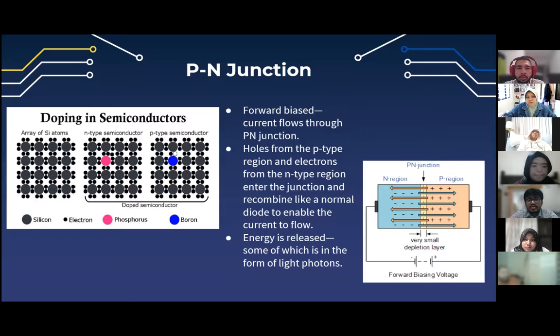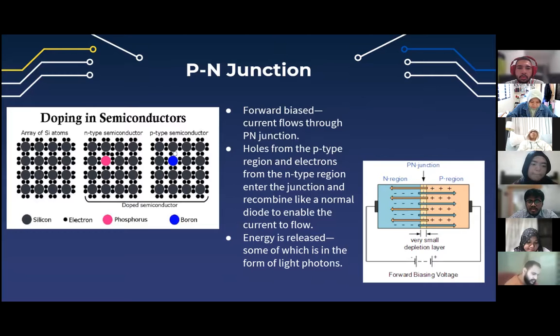Holes from the p-type region and electrons from the n-type region enter the junction, and recombine like in a normal diode to enable the current to flow. When this occurs, energy is released, and some of this energy turns into photons of light.